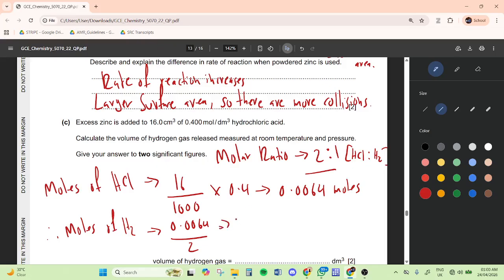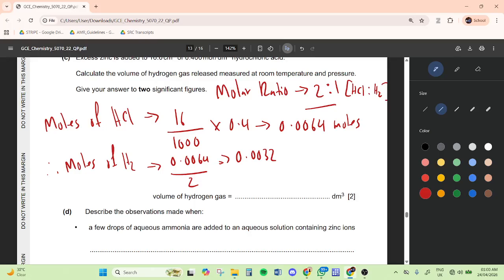That'll give you 0.0032. So now to find out the volume of hydrogen gas, very simple. All you're going to do is multiply this with 24, and you're going to get your number, which is 0.077 dm³.